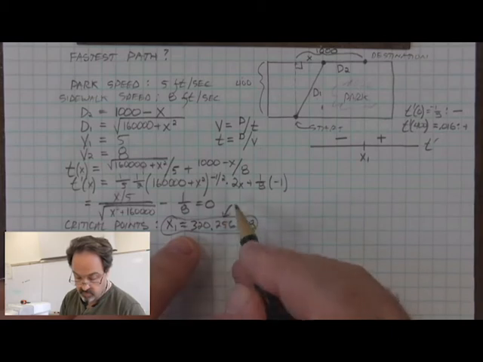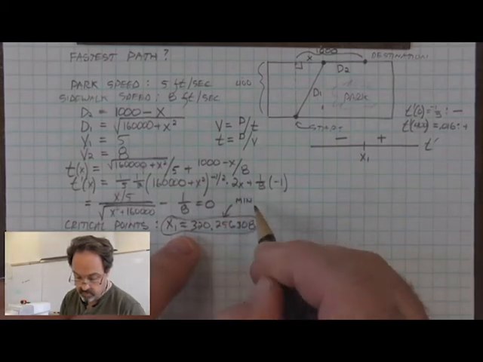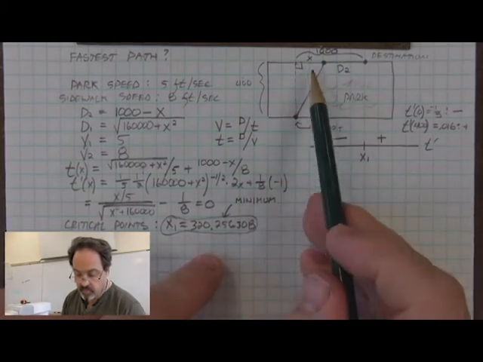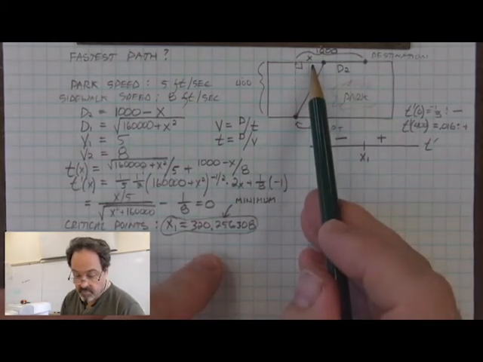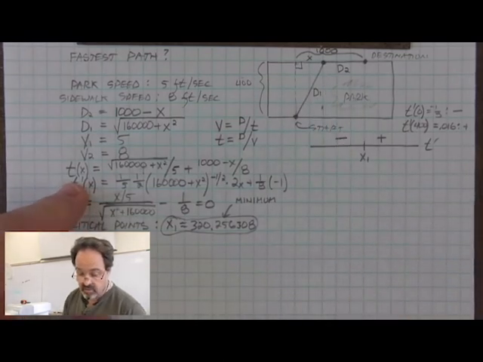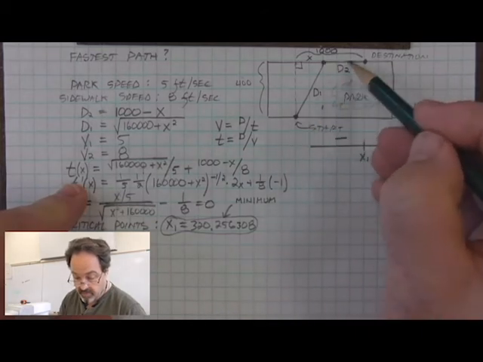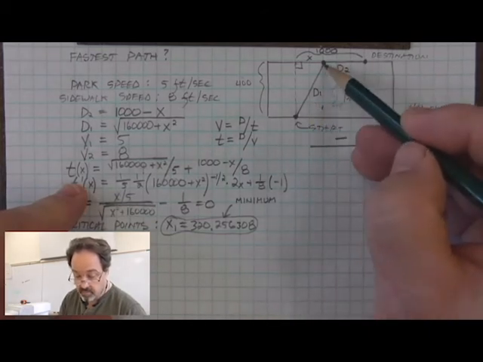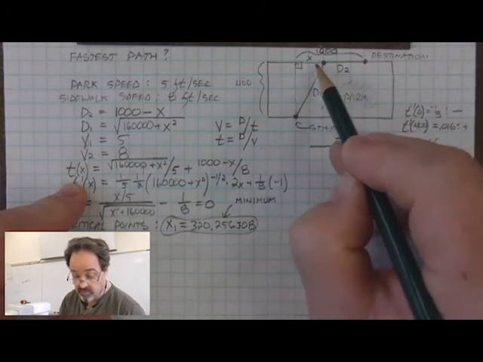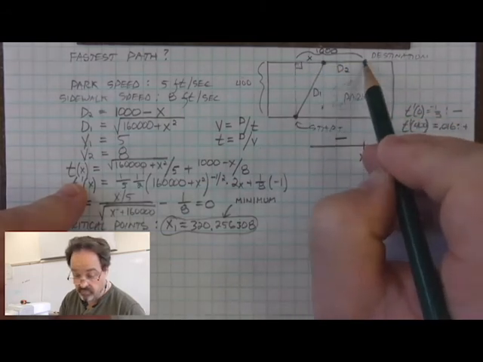This critical point has been justified to be a minimum. It is a value of x that is a minimum of the time equation. And so it is the least amount of time for the path that crosses the park at the location x feet closer to our destination.